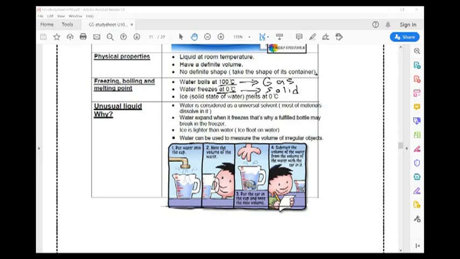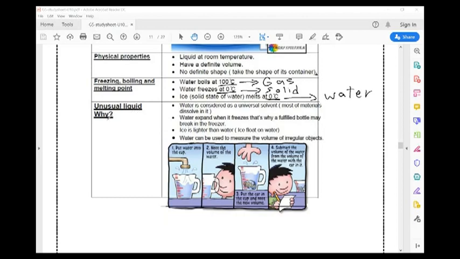Ice, the solid state of water, melts at 0 degrees Celsius. So the ice changes into liquid state, or water, when the temperature reaches 0 degrees Celsius. Below 0 degrees Celsius, ice is still solid. At 0 degrees Celsius, ice melts to change into water. By the way, the freezing point of water is 0, and the melting point of ice is also 0.